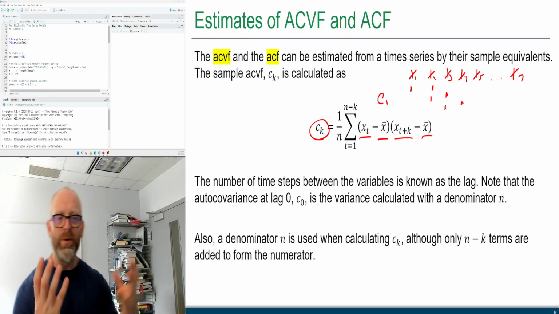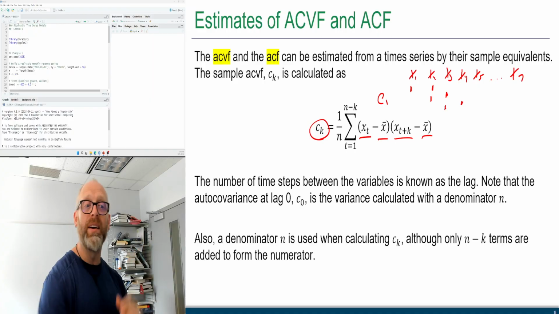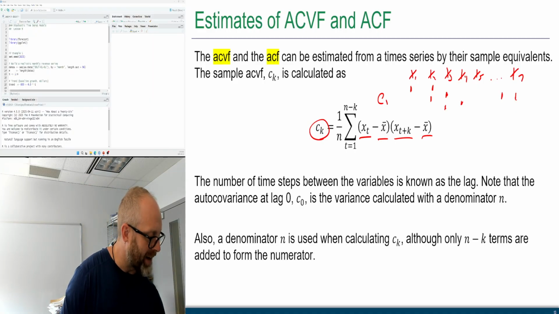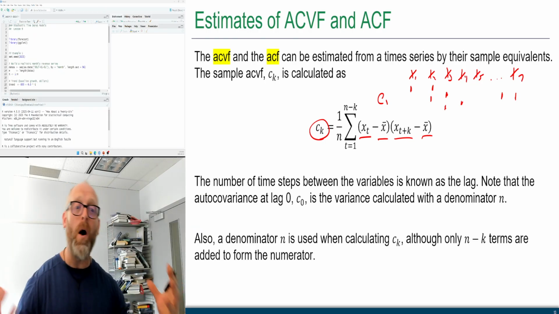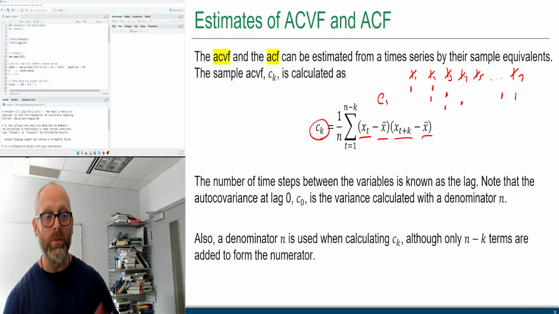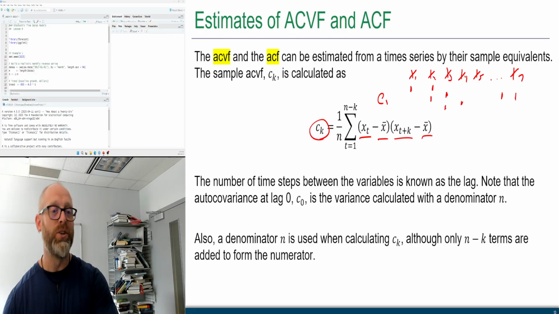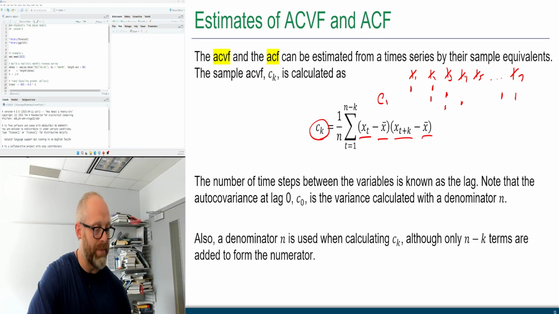I'm going to keep doing this, k jumps at a time, all the way up to x n minus 1 and xn. Then I add up all of these products and divide by n in the end. I do this for a lag of 0, which is just the variance, a lag of 1, a lag of 2 jumps ahead, and so on and so forth. This is how we approximate it.